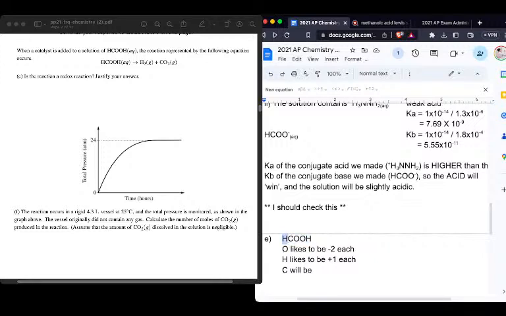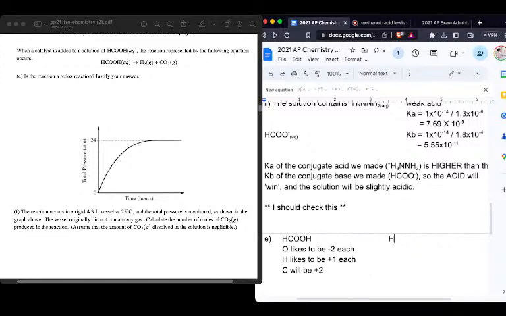You've got 2 hydrogens, which contribute +2. 2 oxygens, which is a -4 contribution. And so if we need this to be neutral, I'm going to guess that carbon is +2. There's only one of them, and the -4 from the oxygens, the +2s from the hydrogens, and the +2 from the carbon will add to 0. I like that.